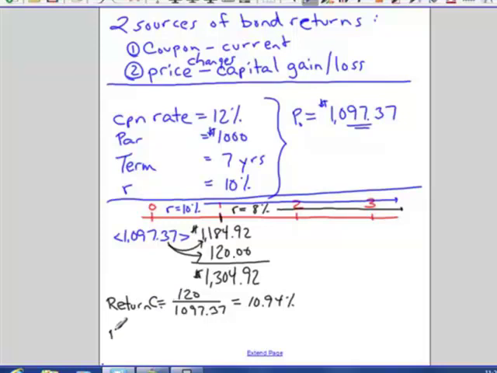And then we have a return for capital gain. What's that? Well, that's the $1,184.92 minus the $1,097.37. That's our ending value minus our beginning value, divided by our beginning value.